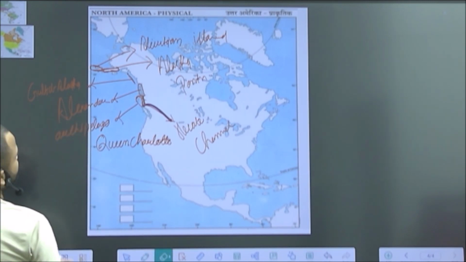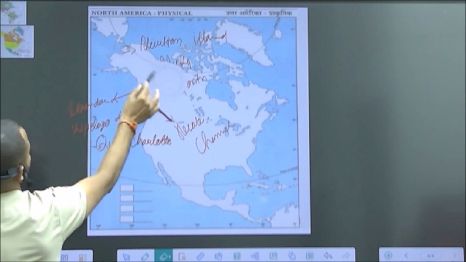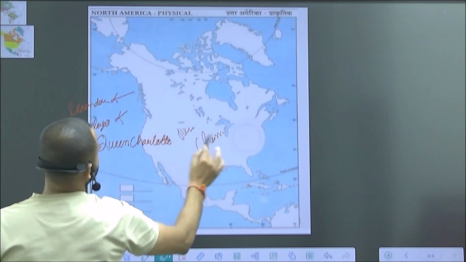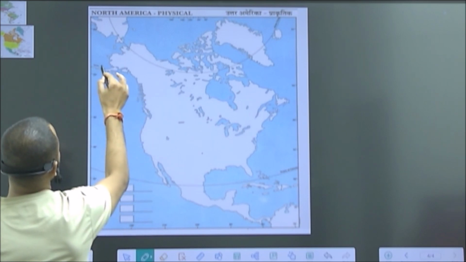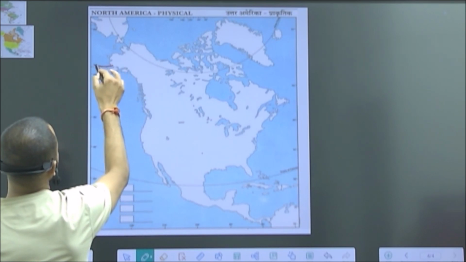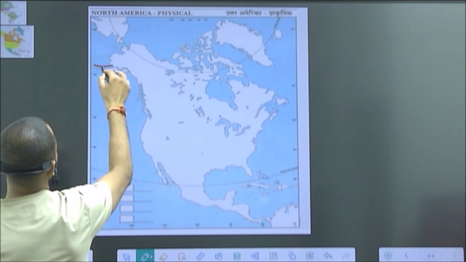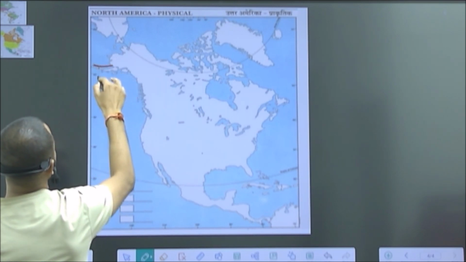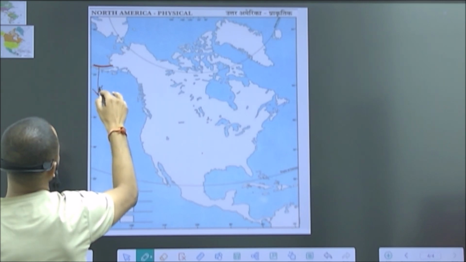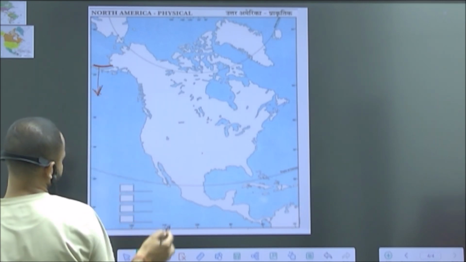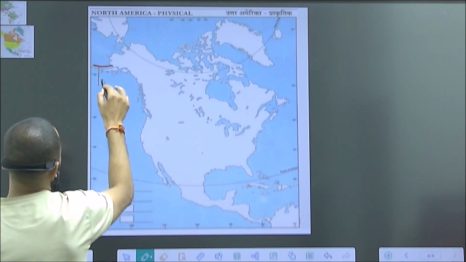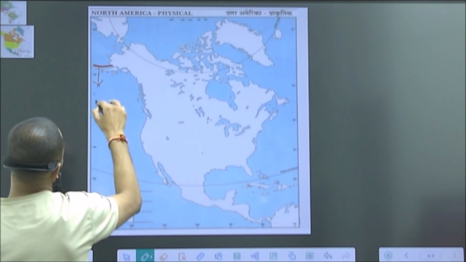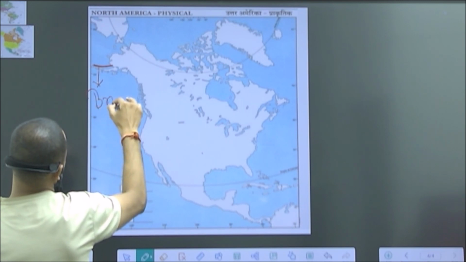Now we will move to the north side of this region. Here one bay is situated, which is known as Bristol Bay.